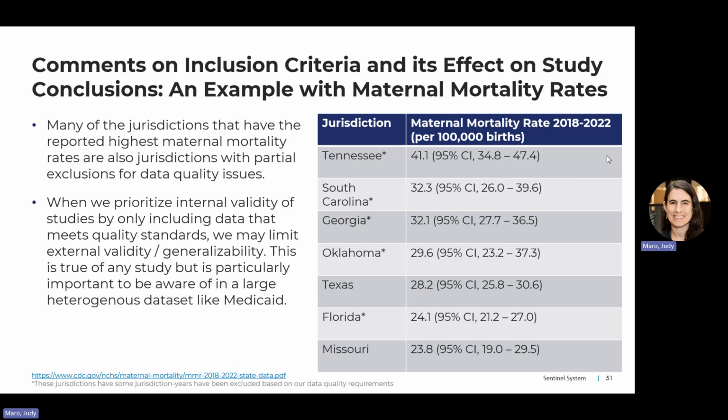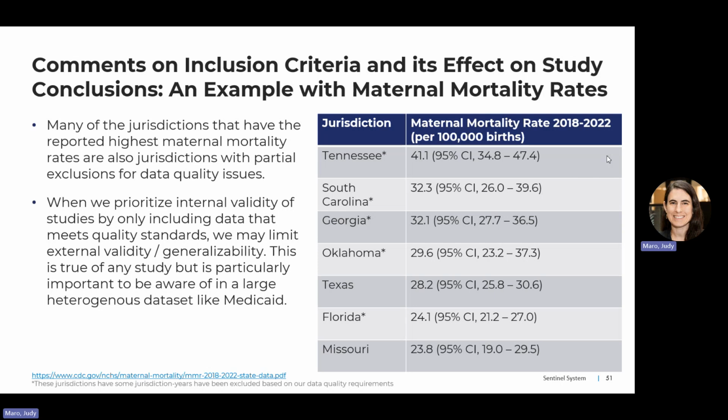But you see that many of them, we put an asterisk next to that jurisdiction name, and these are jurisdictions where there have been some years that have been excluded because of data quality requirements. So it's very important to think about when you have jurisdictions where there have been partial exclusions for data quality issues, what that might do to your external validity or generalizability when you study these populations.